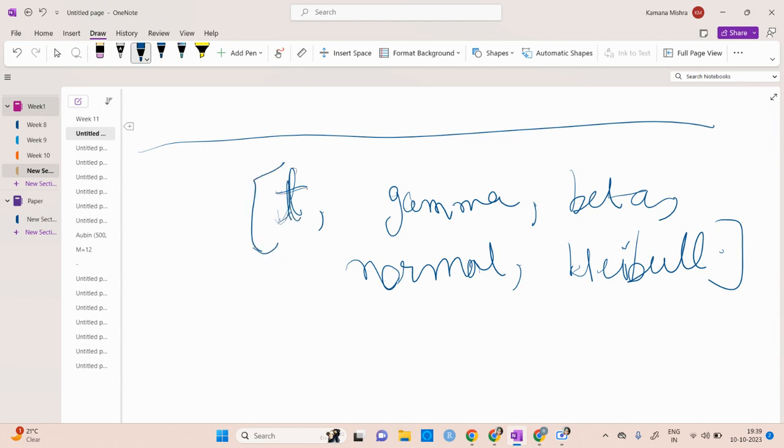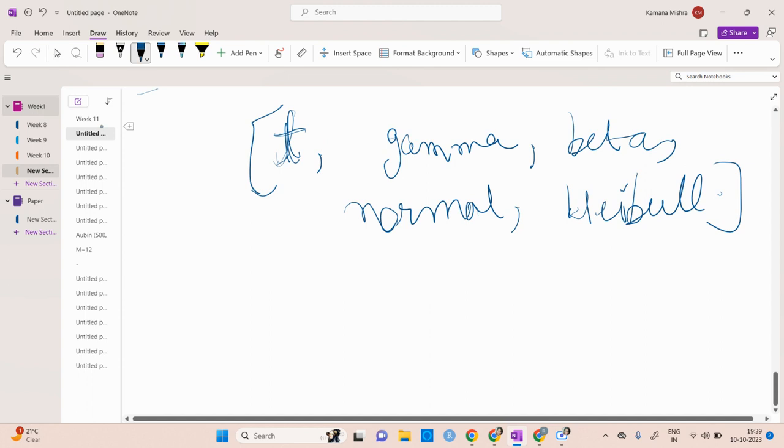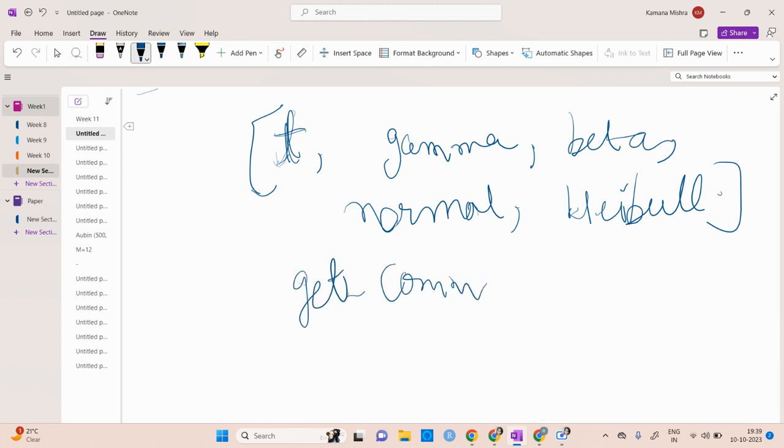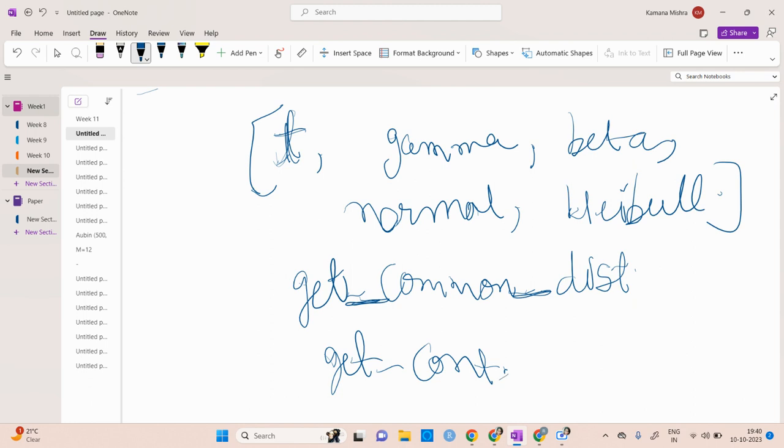Or what we can do is just use get common distribution, which will change according to the software. Common distribution depends on whether you don't know the distribution of your data. If you know, then you can use get continuous or get discrete distribution, right?